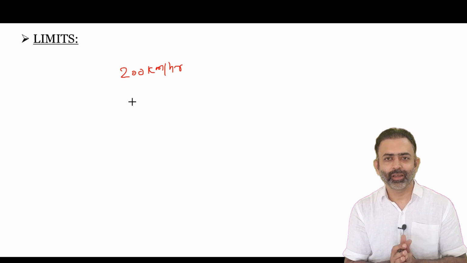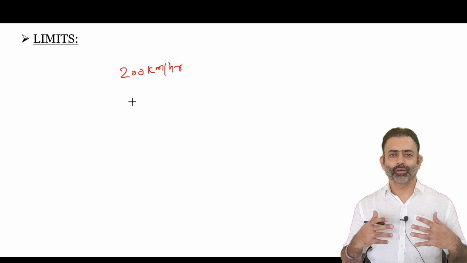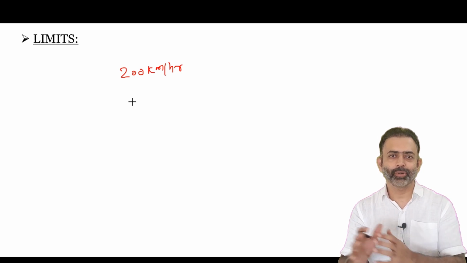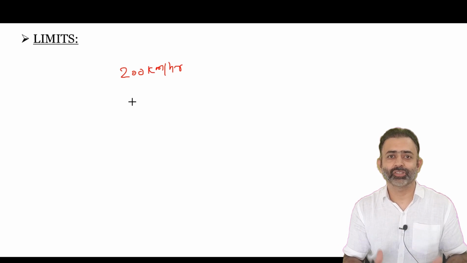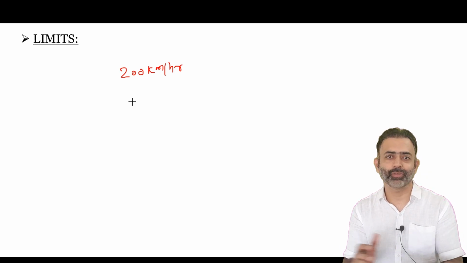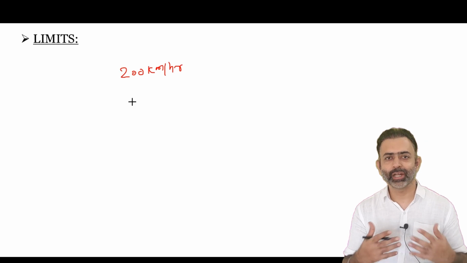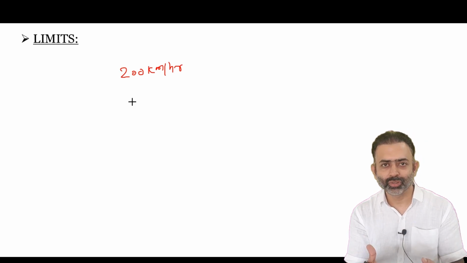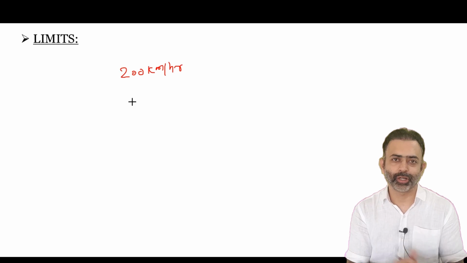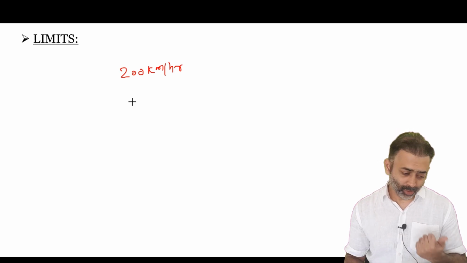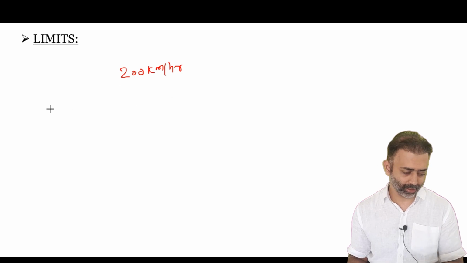In the same way, if we want to find out the behavior of a function at a particular point, but we do not know exactly the value of the function, we know how the function behaves, to what value it approaches as we move closer to a certain point. Let us say we have a function f(x) equal to x square, and the graph of this is something like this.